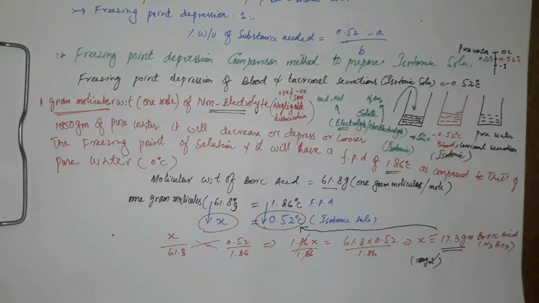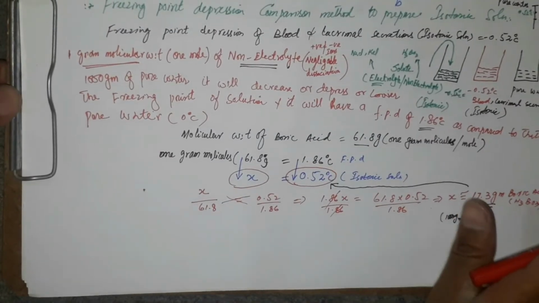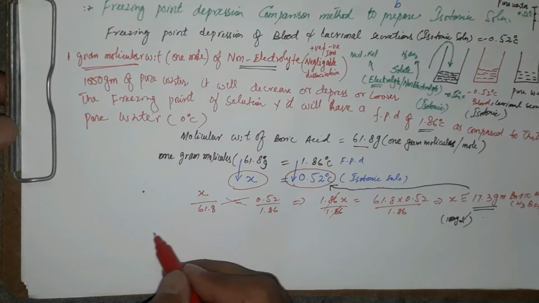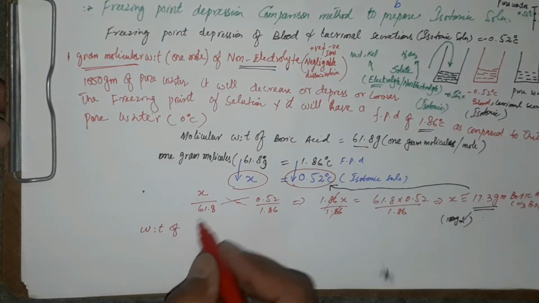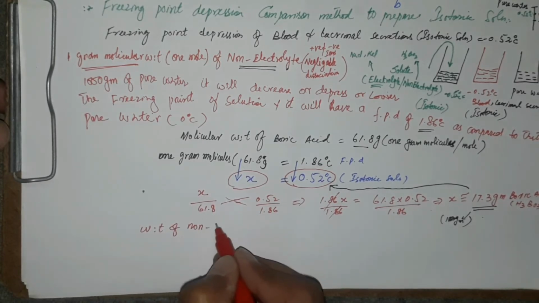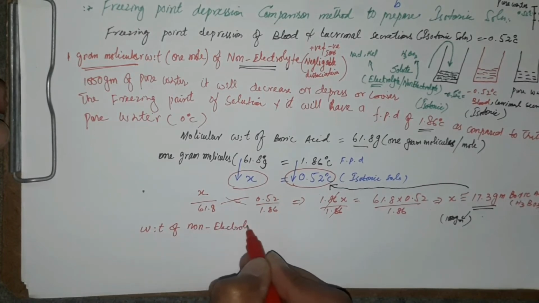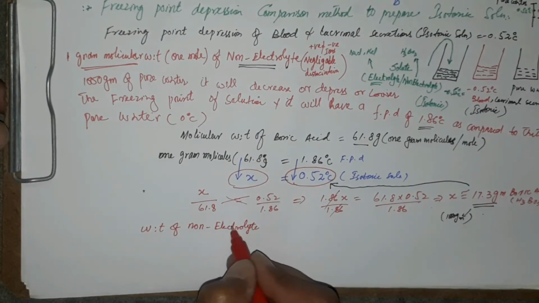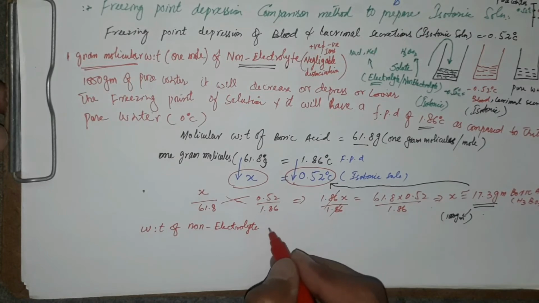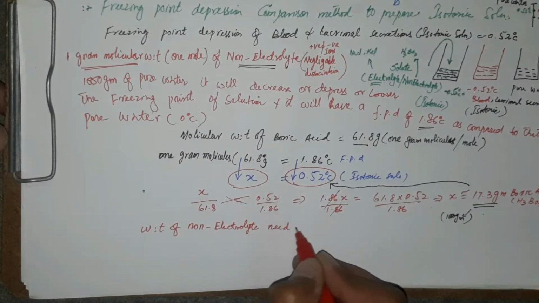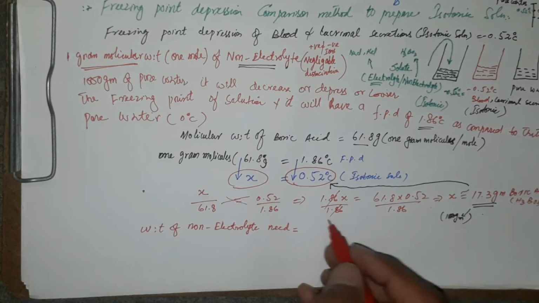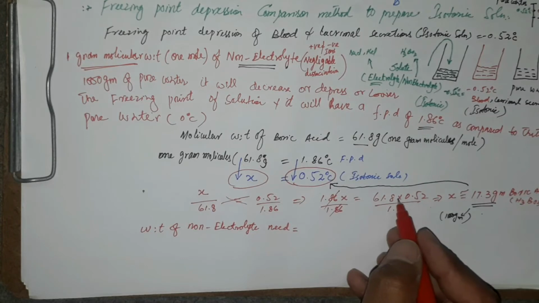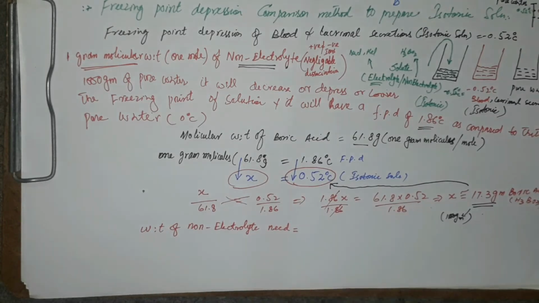From this we can find a general equation: x is the weight of a non-electrolyte needed to be added to 1000 gram of water to produce an isotonic solution. And 61.8 is what?